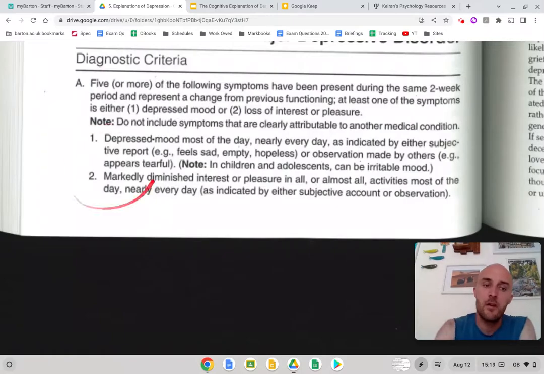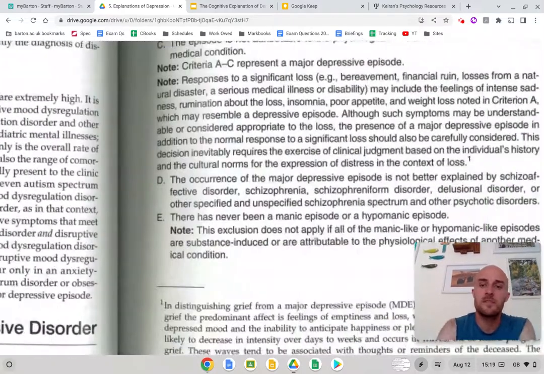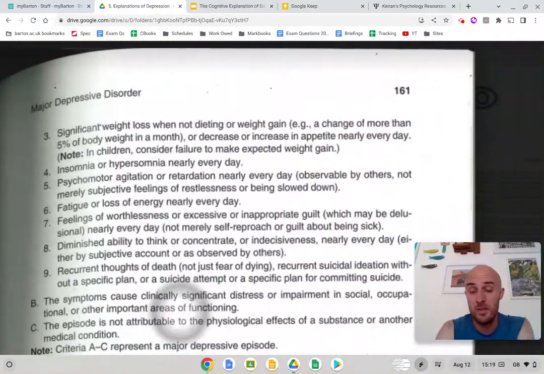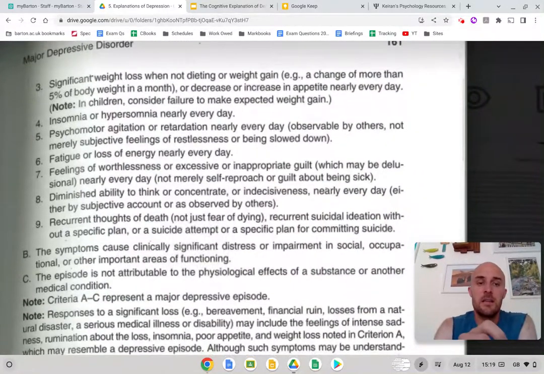So for you to get diagnosed with depression, you need to have at least one of those. Other symptoms that are linked, and you do need to know these, by the way: significant weight loss, and that is a change of 5% up or down within a month. The reason why it may go up is because of comfort eating. The reason why it may go down is because you don't want to eat, social withdrawal, so on and so forth.